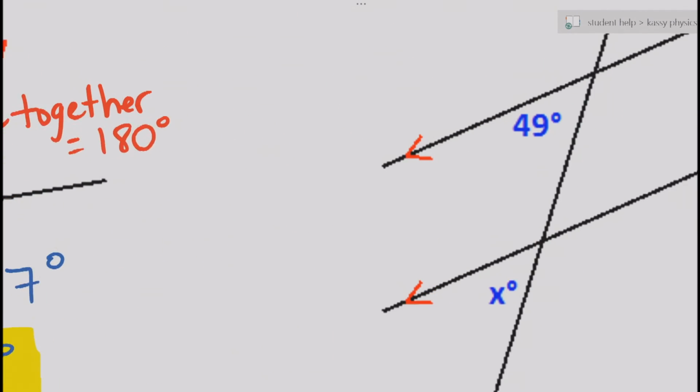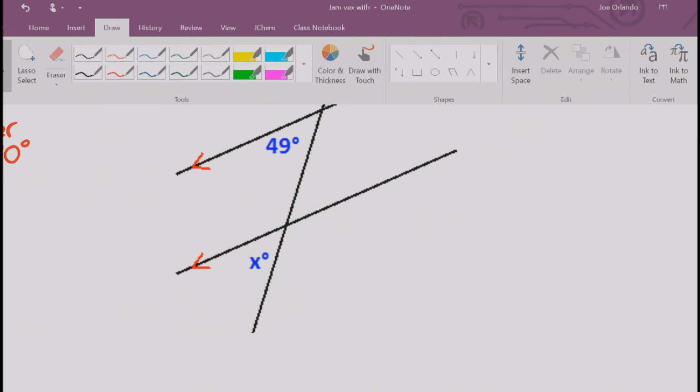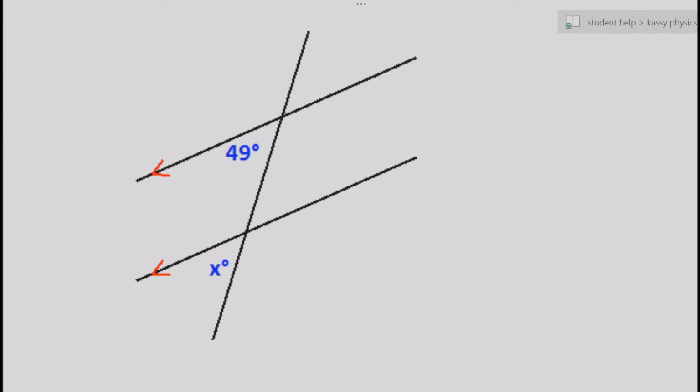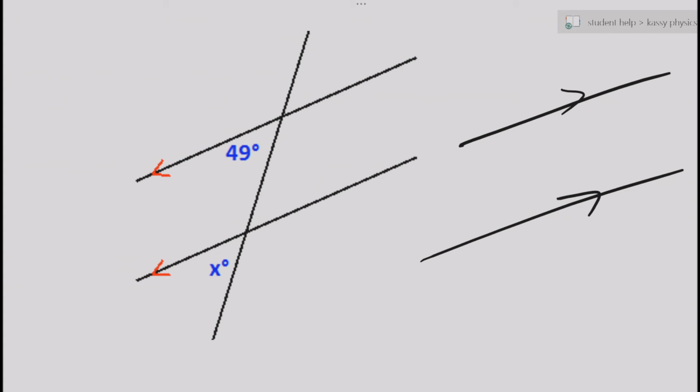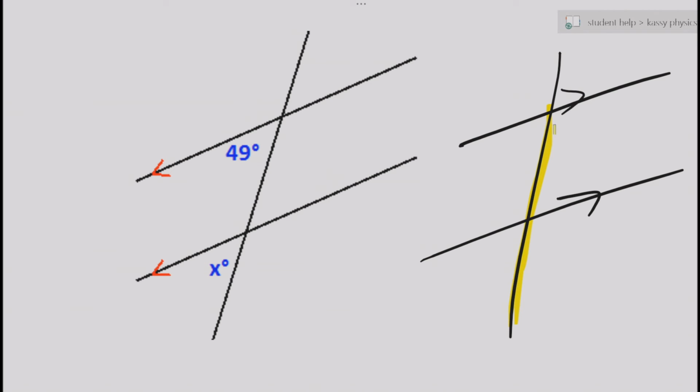And the last example that we have for this particular question is something we call the F pattern. Right, technically they're called corresponding angles. But if we have two parallel lines, just like we see here, and they're split by a bisector, we can look for this F-shaped pattern, like that.